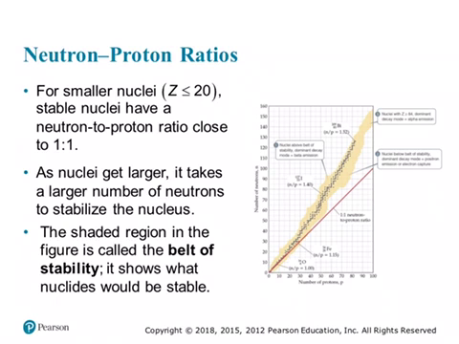So you can see the red line is your 1 to 1 neutron to proton ratio. And then you can see, as you veer from that line, how your stability changes and what the dominant particle will be.